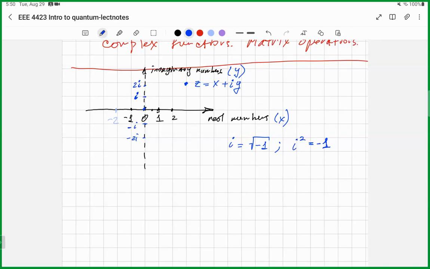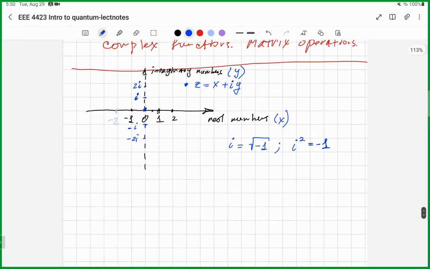So the complex number z is the sum of the real part x plus i times y, where y is the imaginary part of this complex number.